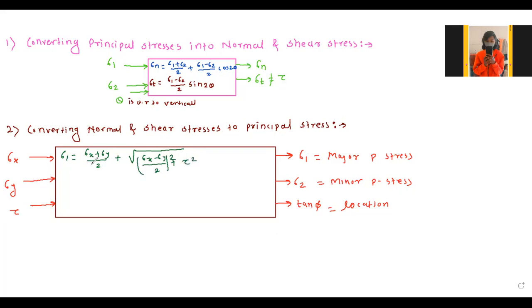This equation we used for finding sigma 1. After that, for sigma 2, sigma 2 is equal to (sigma x plus sigma y) by 2 minus the square root of ((sigma x minus sigma y) by 2) squared plus tau squared. And last, for finding the location, tan 2 theta.